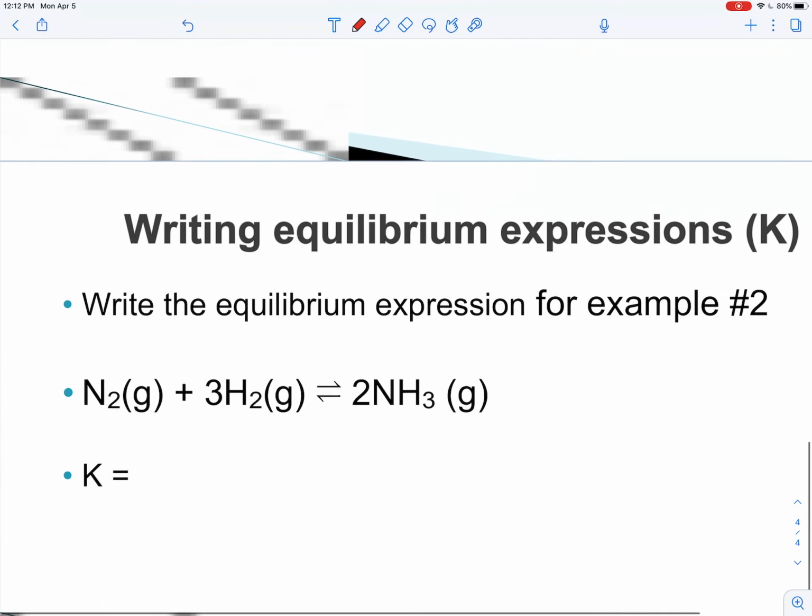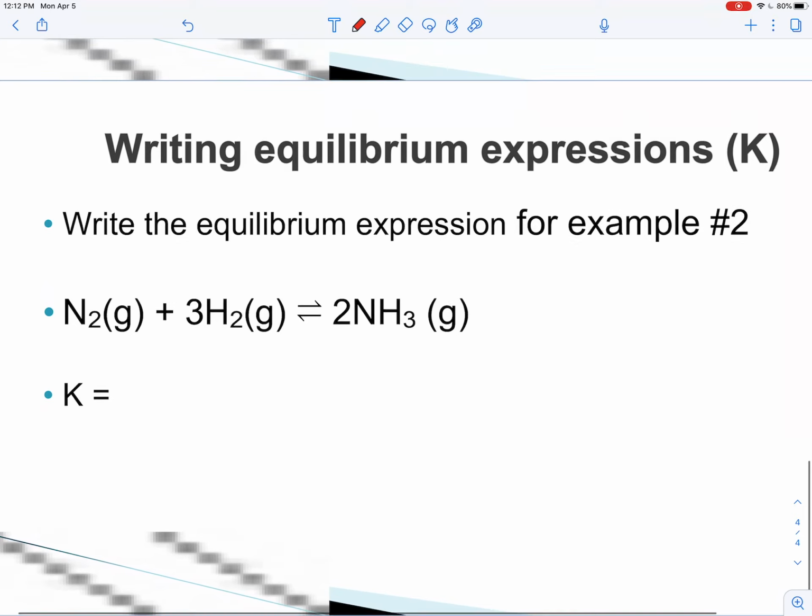And that's it. Let's look at another example, second example here. Write the equilibrium expression for this equation. So again, here we don't have any solids or liquids, so we're going to include all of these. So I'm going to include my product, NH3. And again, this coefficient becomes an exponent.